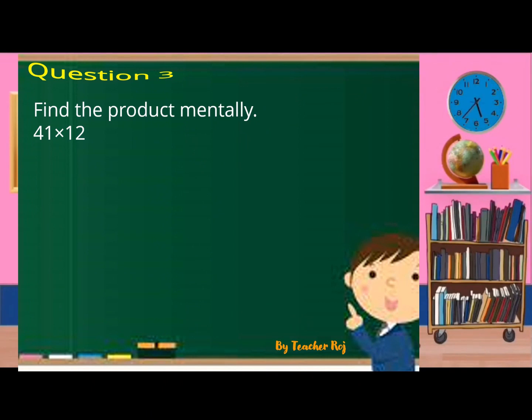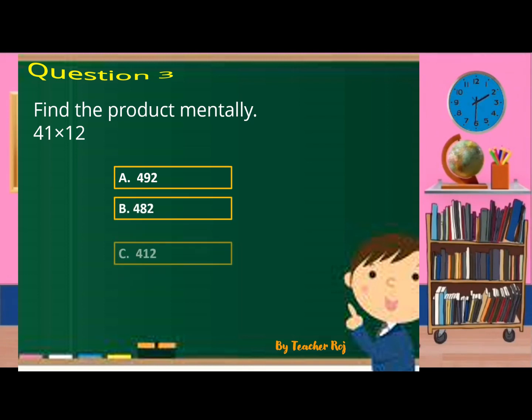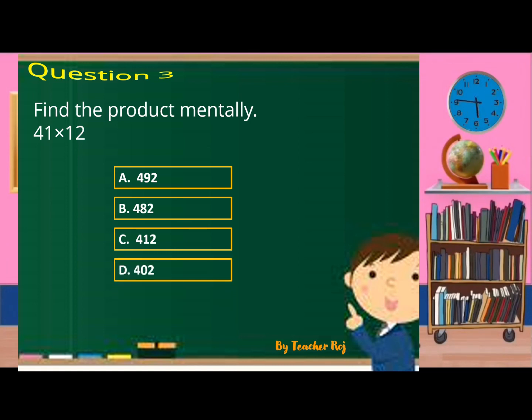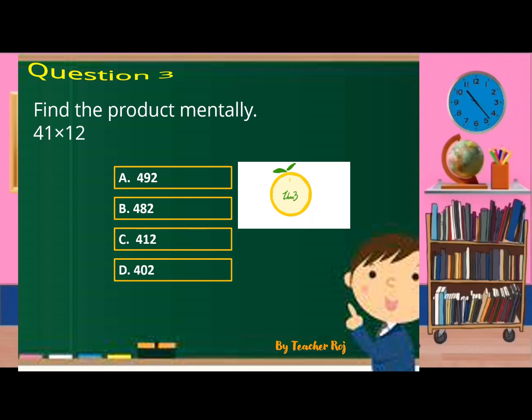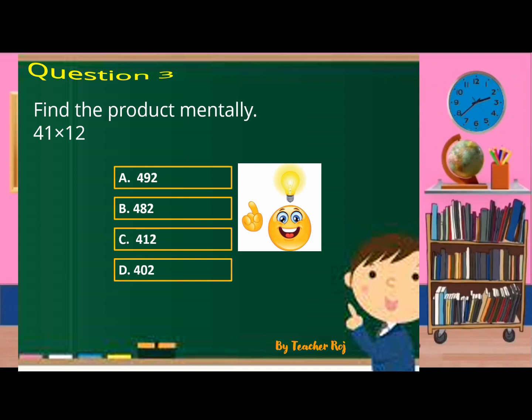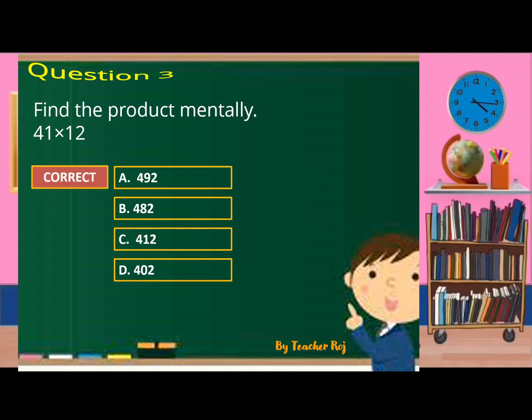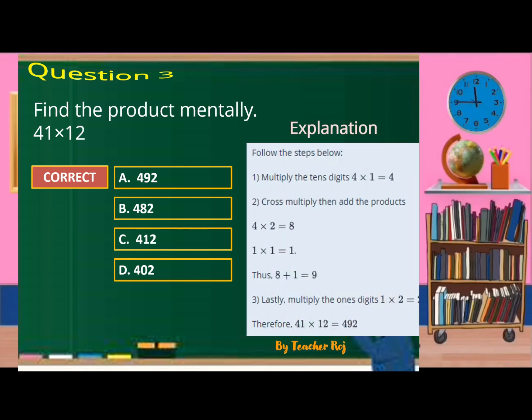Next. Find the product mentally. 41 times 12. A. 492. B. 482. C. 412. D. 402. And now, the right answer here is, yes, 492. Why? So, you should follow this step to find the product. 1.